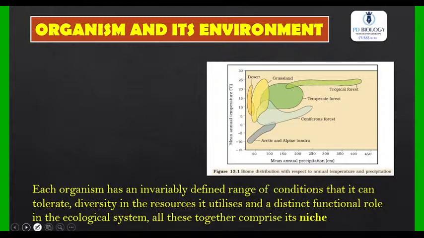All these together comprise its niche. Here you see the terrestrial biomes. These are the terrestrial biomes governed by temperature and precipitation. So this is the precipitation and that is the temperature, y-axis, and x-axis is related with the mean annual precipitation.